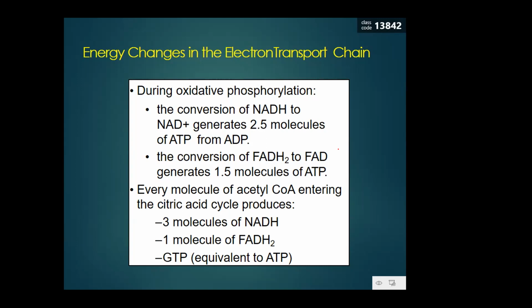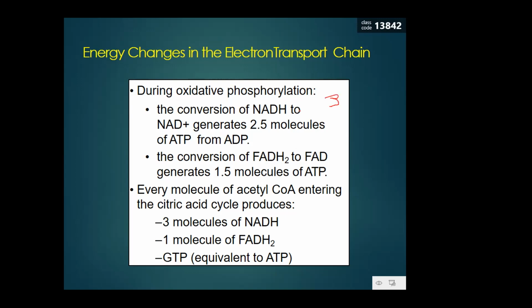Okay. So ngayon, sa ating citric acid cycle, nagpo-produce tayo ng 3 molecules of NADH, di ba? Sa ating citric acid cycle, 3. So gaano karaming ATP yung mapoproduce natin? 3 NADH.